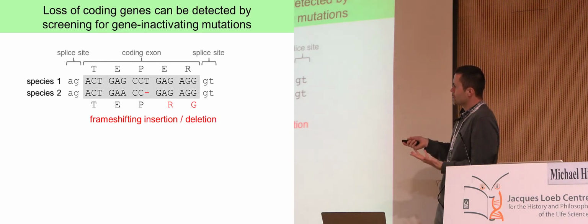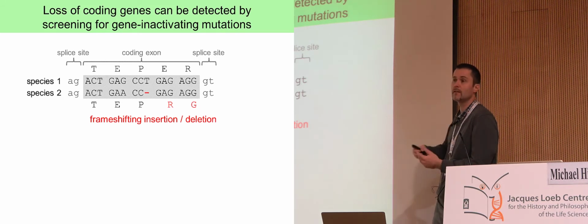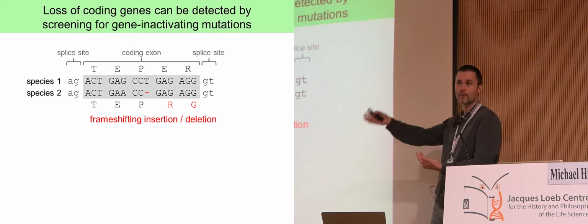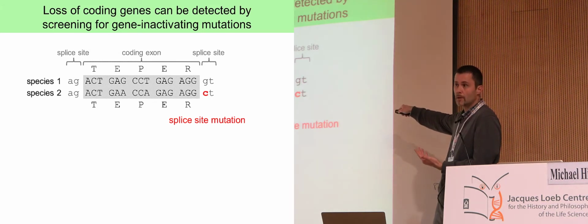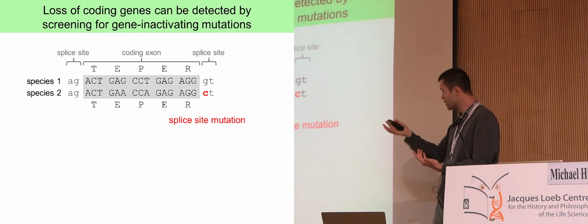So what's much more frequent are smaller mutations that shift the protein reading frame, right? Afterwards you get a completely different protein coding sequence, and often you run into a stop codon. Then there are mutations that destroy splice sites, which typically lead to not including this exon in the final messenger RNA.